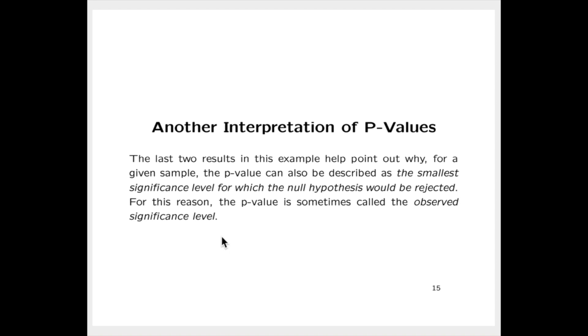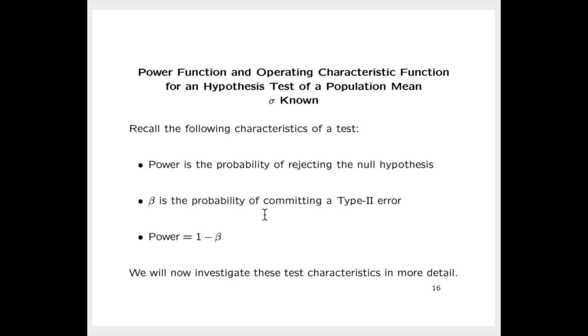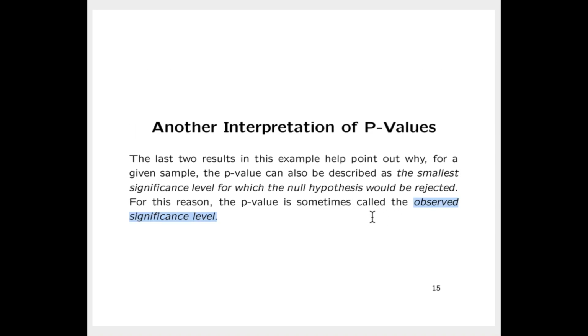So the significance level is something very specific. The p-value is something else, something very specific, and it's different than the significance level. But some authors will call the p-value the observed significance level, and that's okay because that is different than the significance level itself. So you may see that terminology. I just want you to be prepared for that and to understand what they're talking about. The observed significance level is just the p-value for the test.